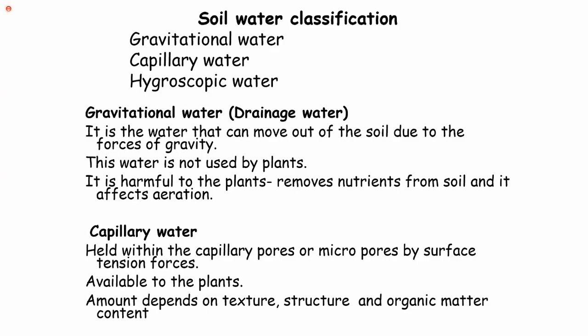Organic matter can increase the water holding capacity also. But as far as capillary water is concerned, these capillary waters are held in the micropores. So by adding organic matter, we can increase the proportion of micropores in the soil. Because of that, capillary water can be increased.